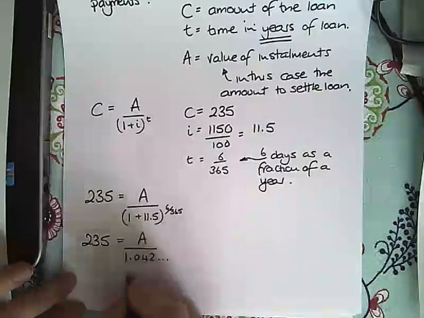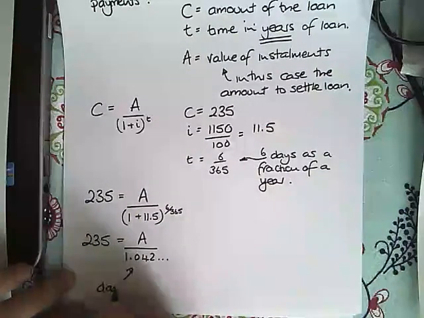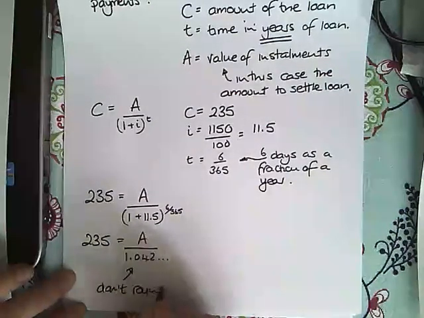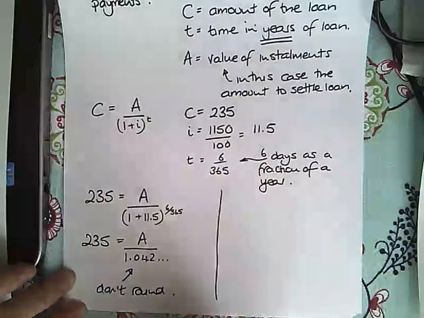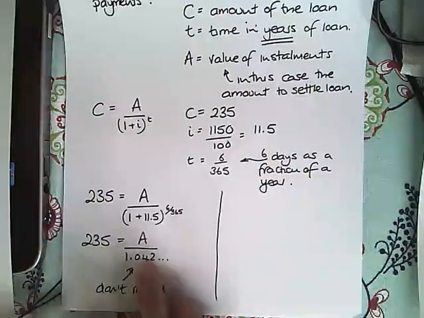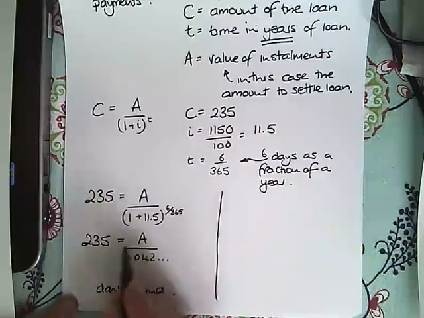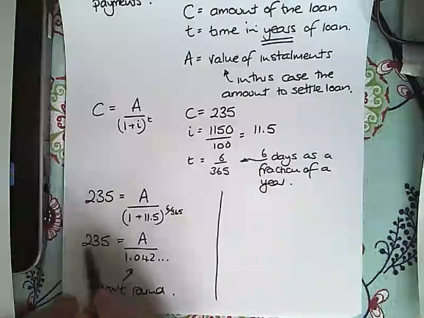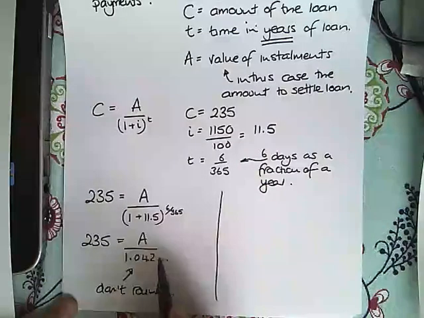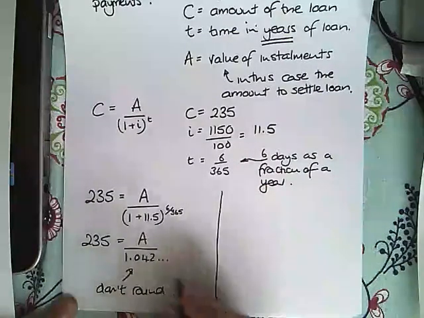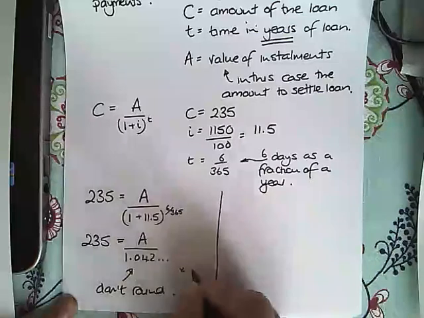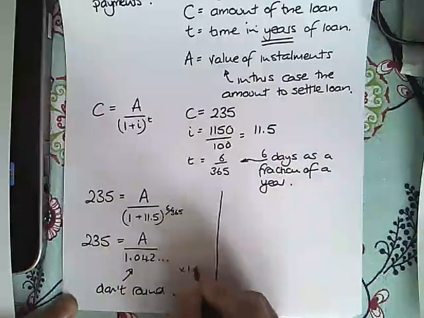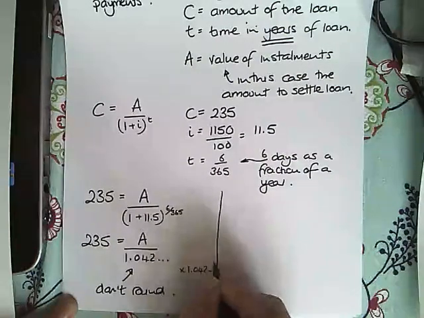And what you mustn't do is round. So once you have worked that value out, you don't round it. We're going to times both sides by that value, and that will bring it up here, and then 235 times this value will give us the value of A. So we're going to times both sides of our equation by 1.042 and so on.